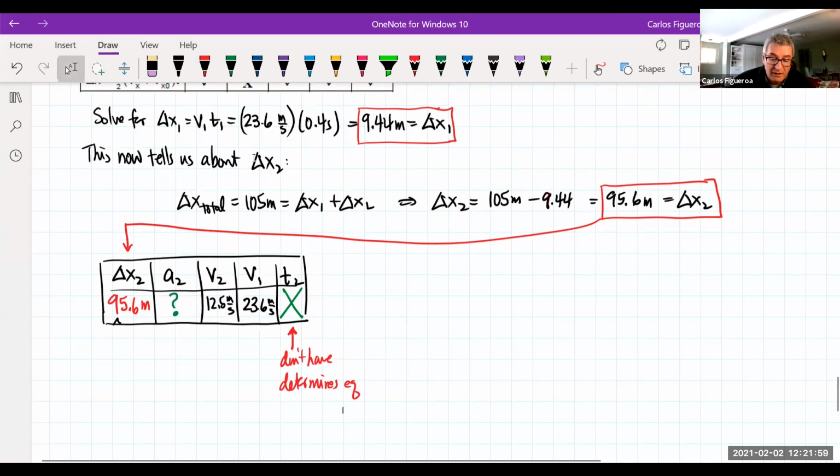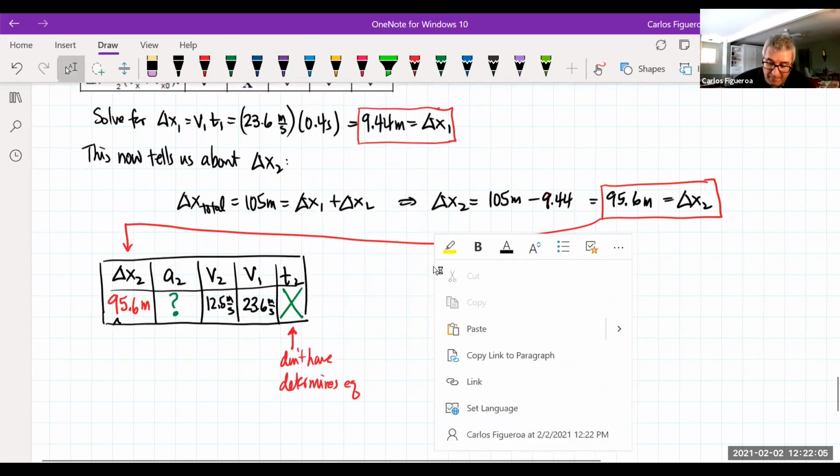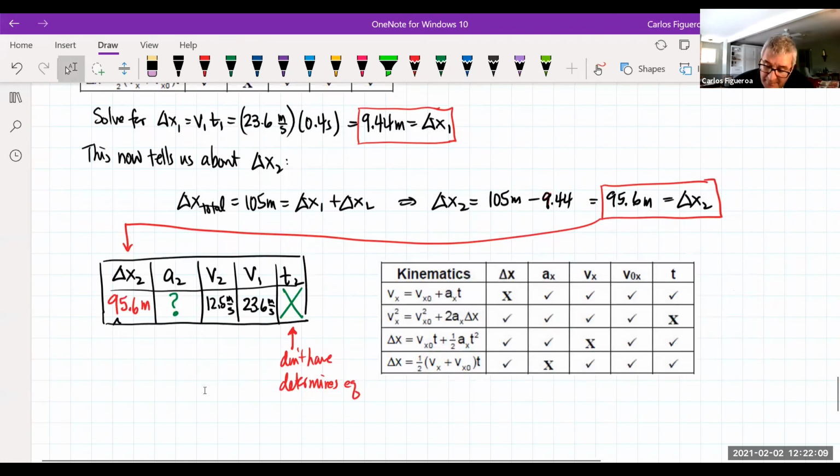So if I pop it in right here, look what happens. I look at my table, and the one variable that I don't have is time. So it tells me I must use this equation. If I want the acceleration, I have to use this equation. There's no choice in the matter.